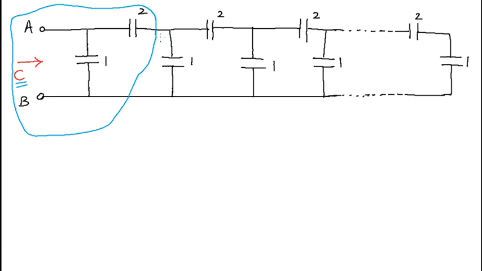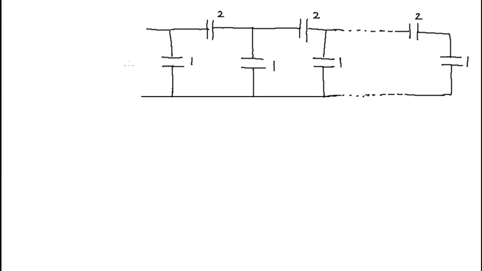That is, we may imagine that we physically cut this wire over here and this wire over here, and what we get then is the remaining part of the circuit as follows.